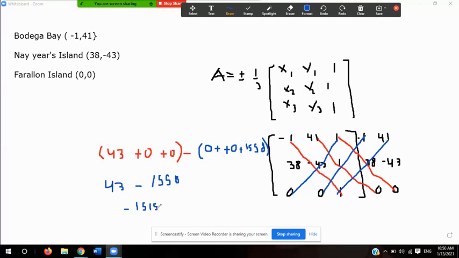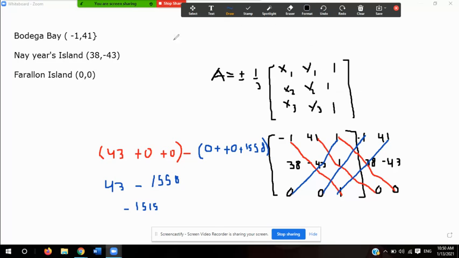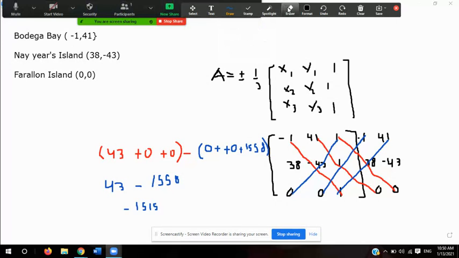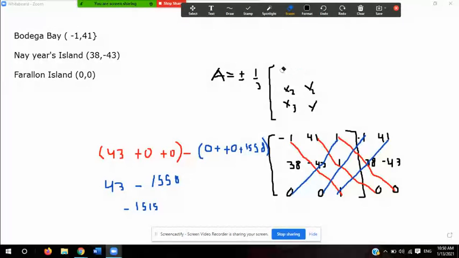Now that we have the determinant, we're going to plug it into the formula and find the area of the region that we're looking for. So I'm going to clear this part right here, and that'll give me some space that I need to find the area.